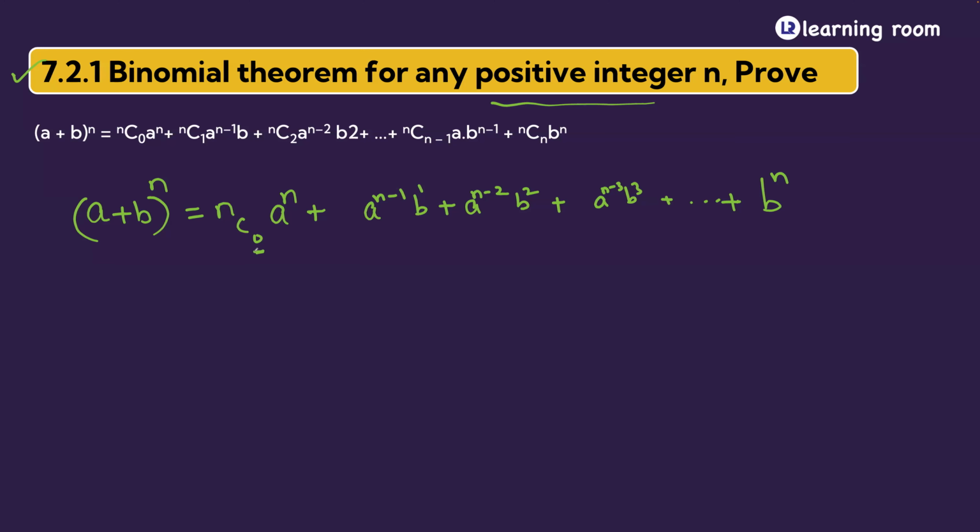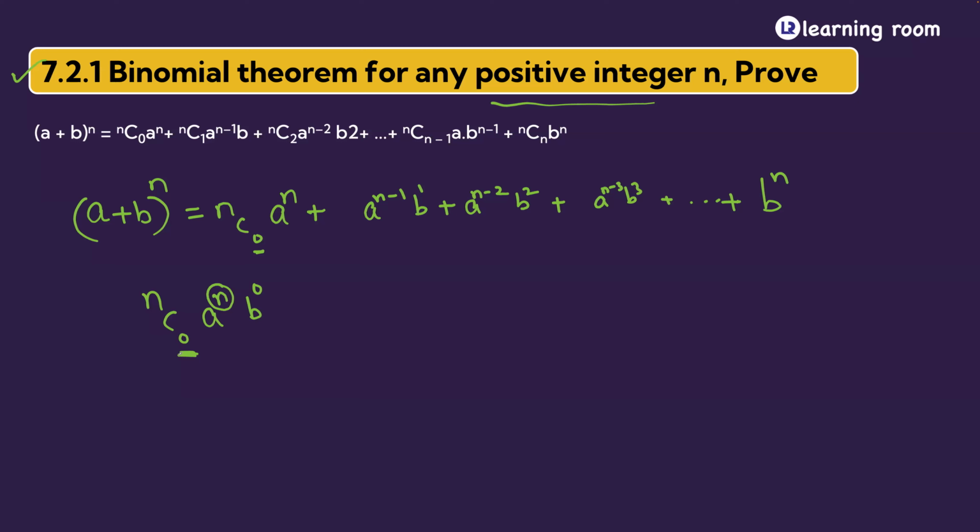So what is it? It is NC0 into a power n, right? So when I write NC0 a power n, I can write it as a power n into b power 0 itself. The question is, how did I get this n from this? Because I need to relate them. It is n minus 0, which comes out to be n. Similarly, b's power is 0. Where did that 0 come from? It is coming from here.